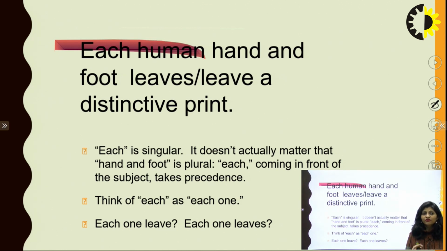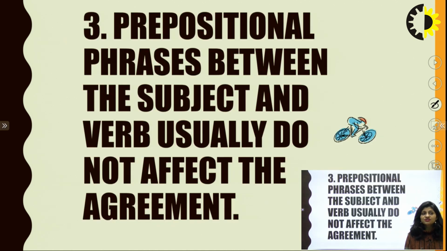Coming in front of the subject, it obviously takes precedence over "hand and foot". The important thing is that you need to consider "each". Think of "each" as "each one", right? Each one leaves, not each one leave. So we will use: each human hand and foot leaves a distinctive print. Prepositional phrases between the subject and verb usually do not affect the agreement.